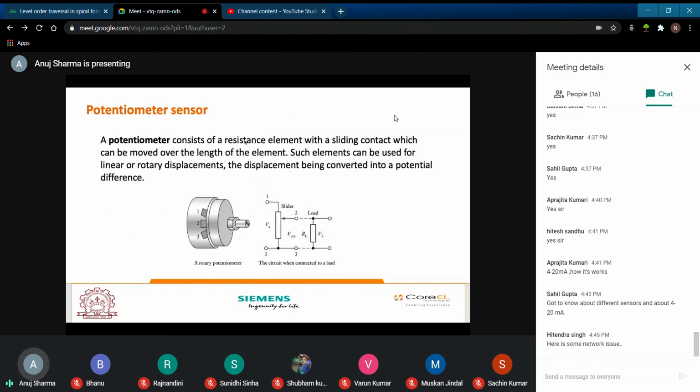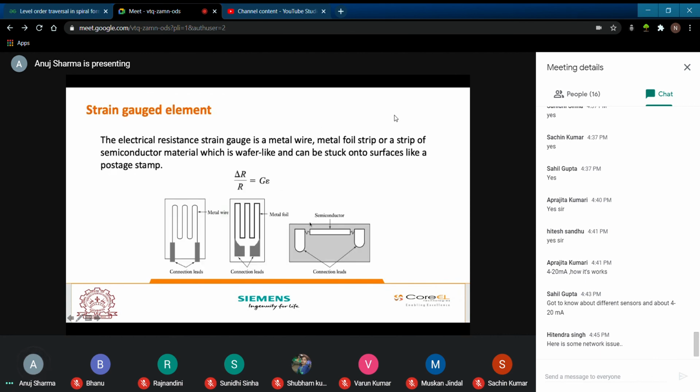In a potentiometer, you can see that there is a slider and a particular load, and the voltage output can be varied according to the displacement. This joint can move to and fro with a rotary potentiometer, and there can be a linear potentiometer also, and the basic working principle is similar.